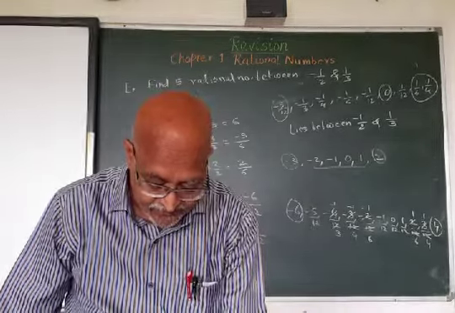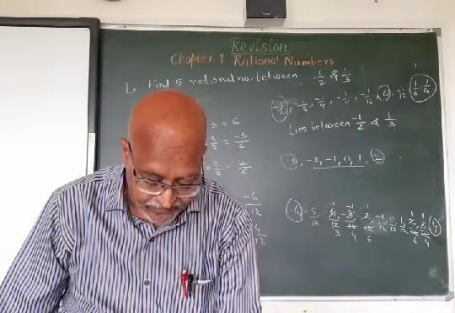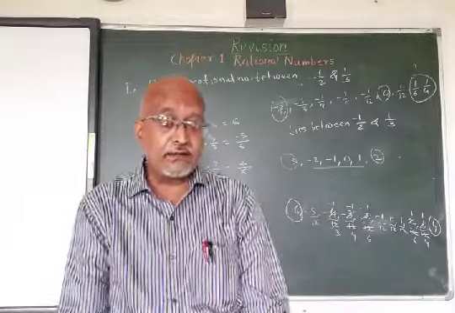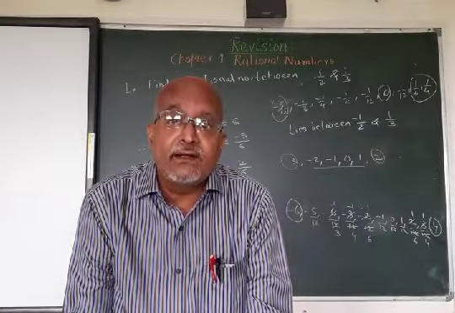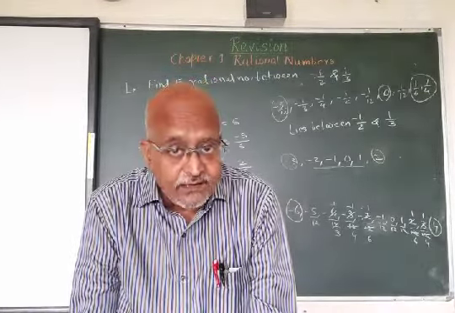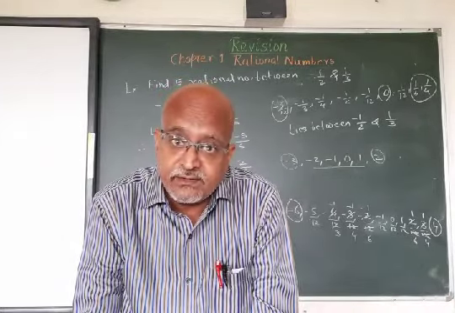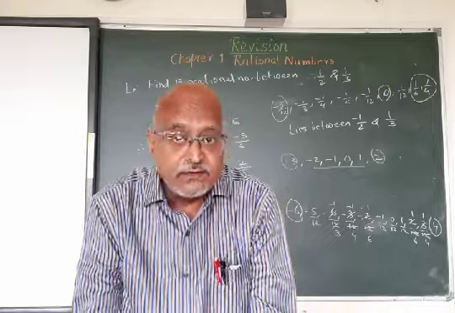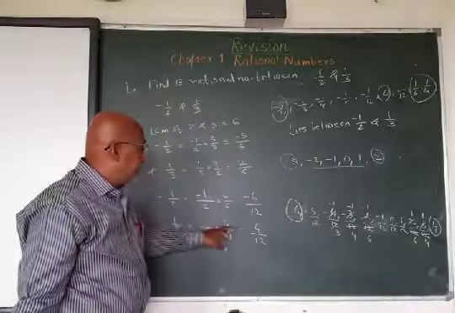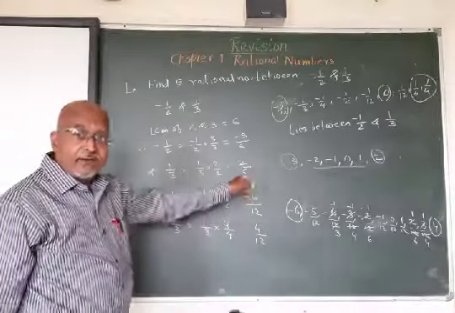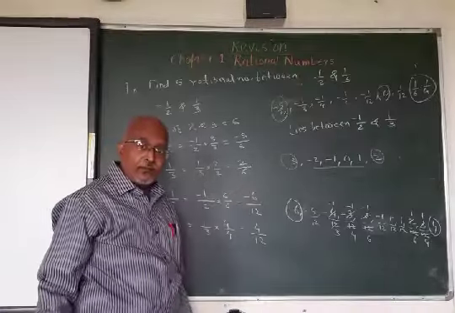How many rational numbers can you find between any two rational numbers? As I said earlier, we can find infinite number of rational numbers between any two rational numbers. Got it clear? So we just have to make the denominator same and go on multiplying by the same number to numerator and denominator.